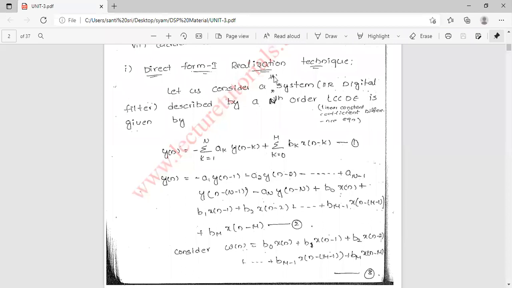Like this we can write, for k equal to 1 to n summation and k equal to 0 to m summation. Let it be considered as equation number 2.